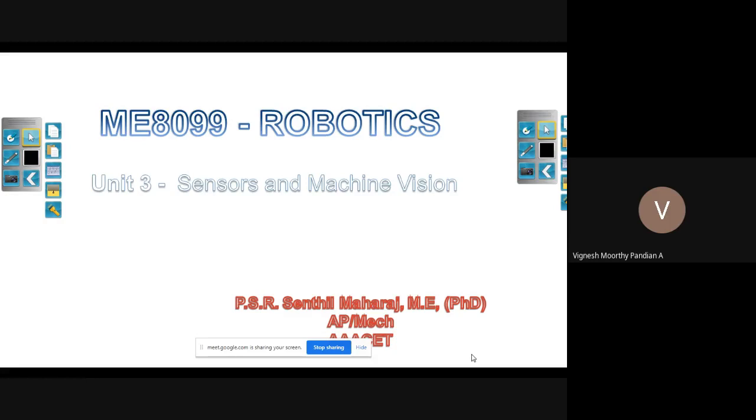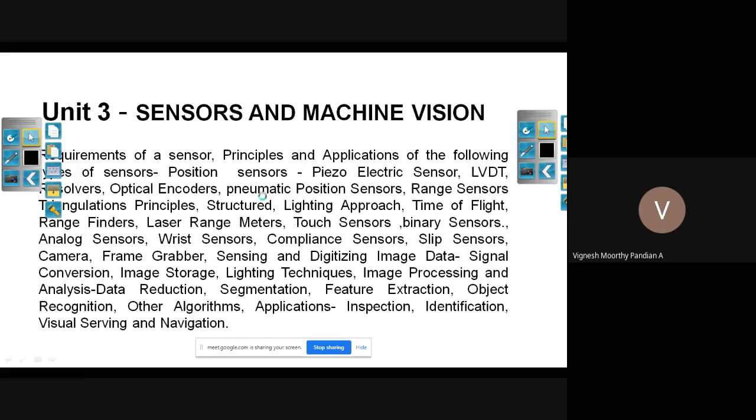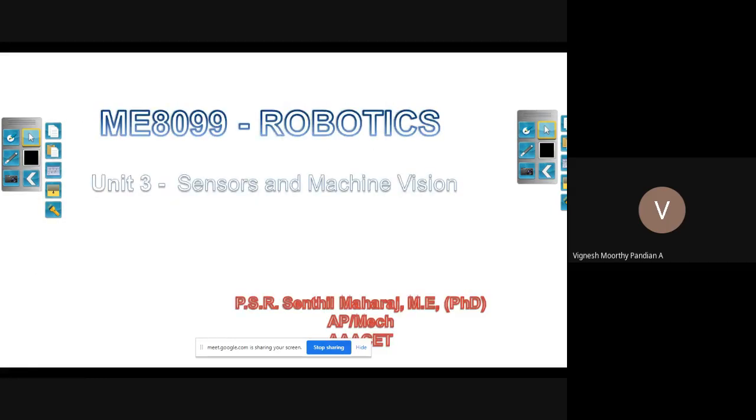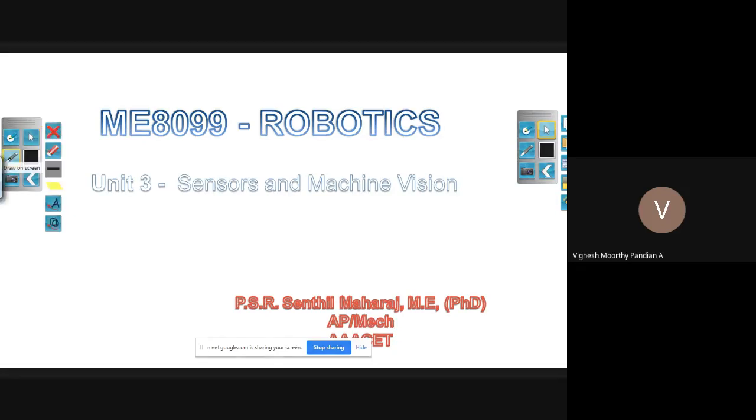Students, today we are going to see unit 3 in robotics. The name of the unit is sensors and machine vision. It is divided into two topics.